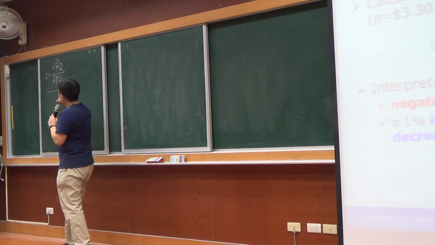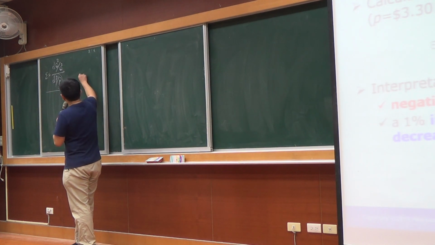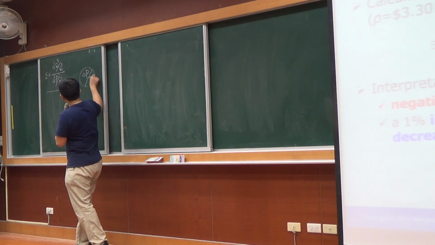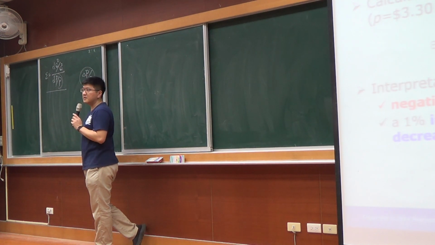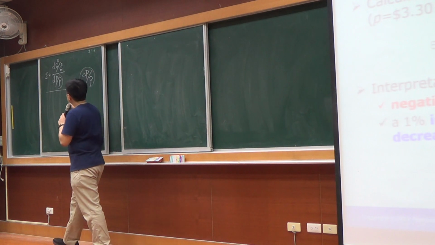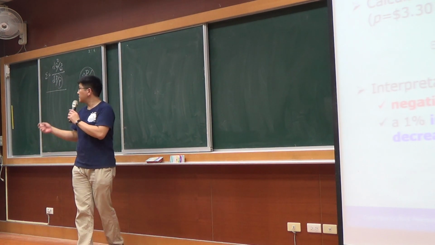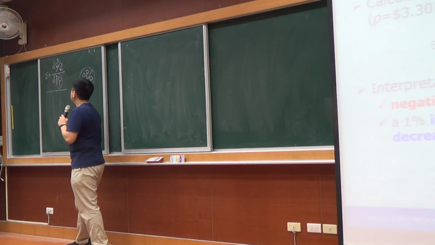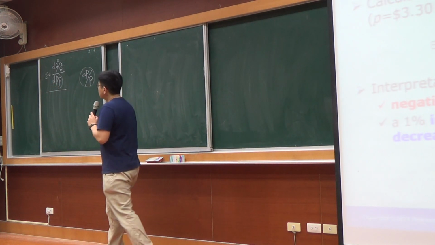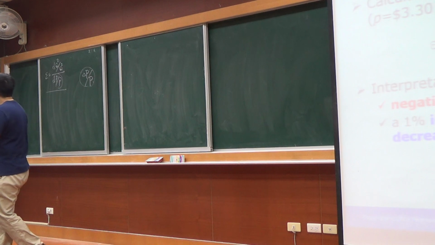If you don't understand why this is the percentage change, think about this. So this is the percentage change in P, right? We just changed the sign delta into D. So it's just a tiny change.